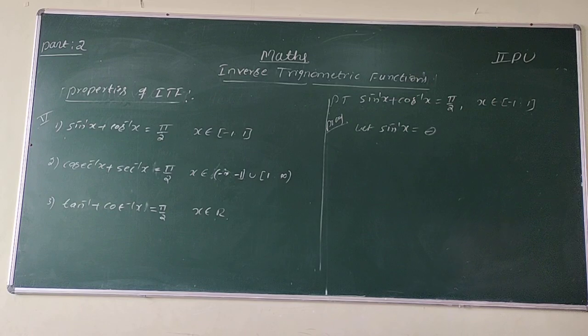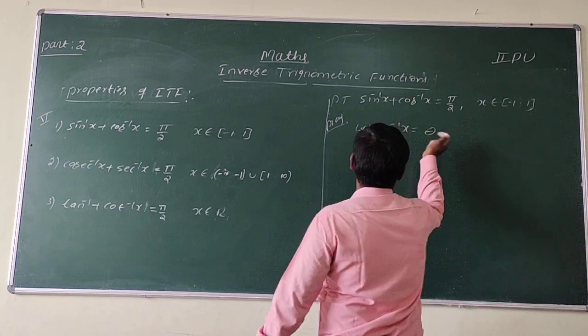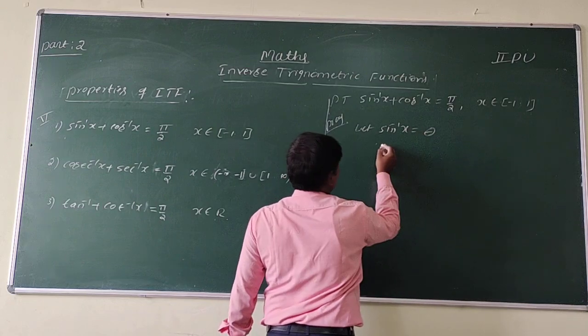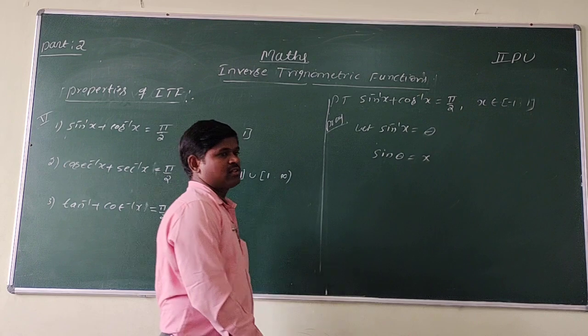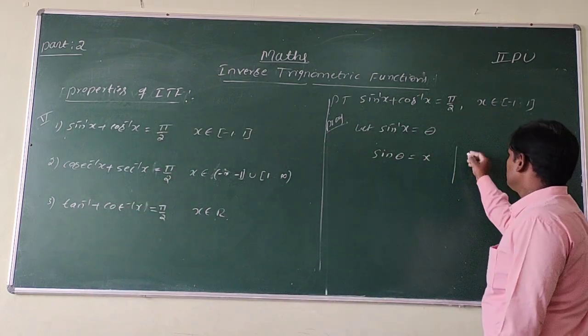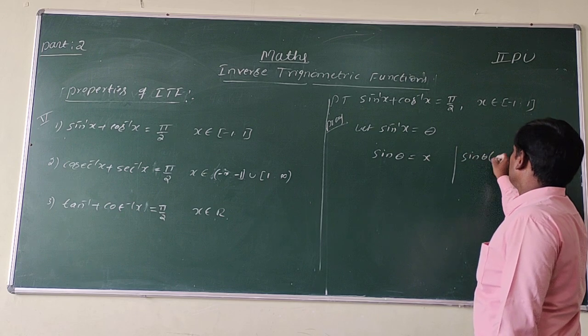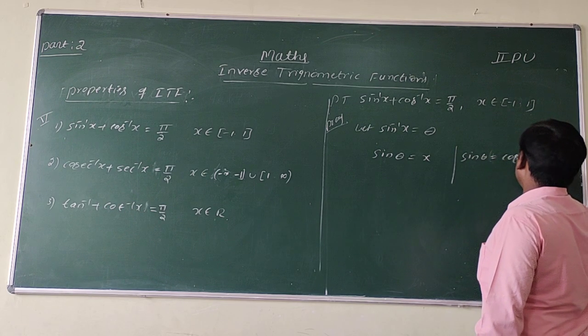Taking sin to the other side, sin theta is equal to x. We already know that sin theta is equal to cos of pi by 2 minus theta.